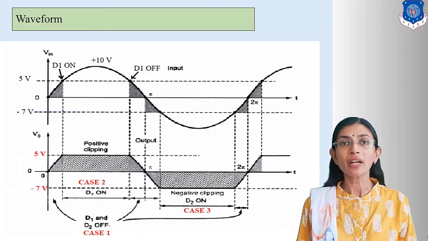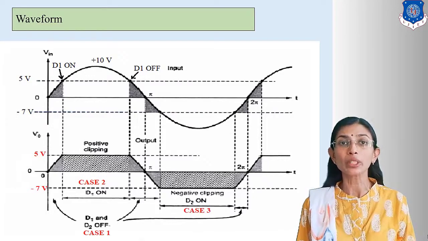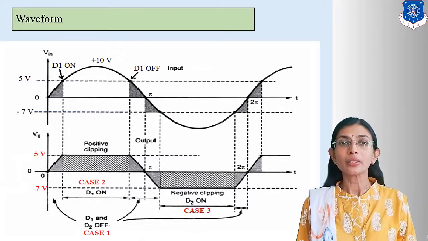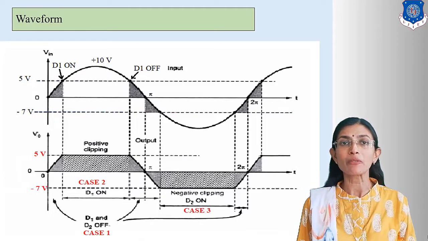And for positive half cycle, if input becomes more than plus 5 volt, then D1 will be on, it will be short circuited, and due to that, plus 5 volt will be constant at the output, and thus we are getting the positive clipping at the output.